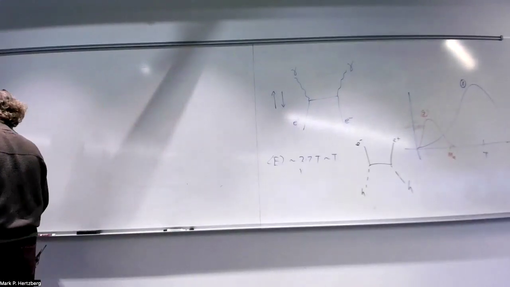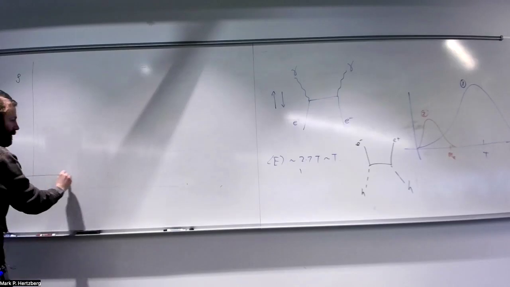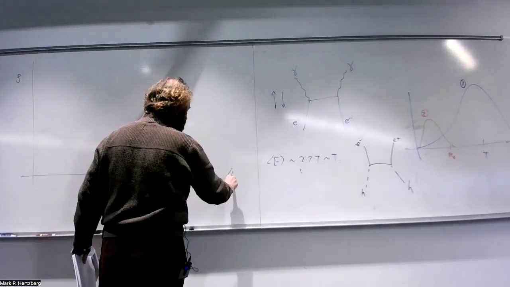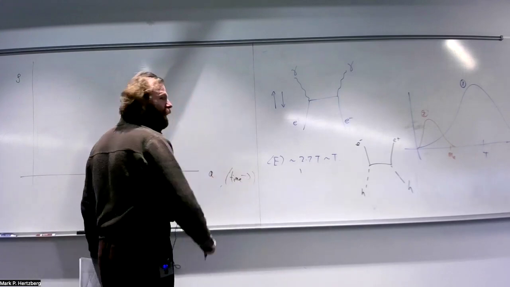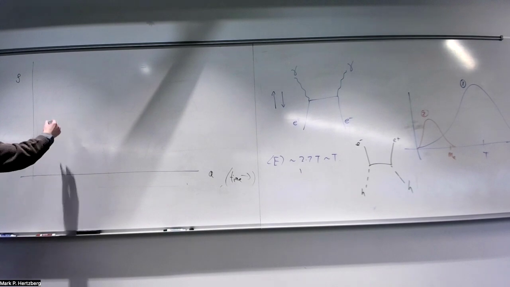Okay, so you recall early on in the course, we always were talking about rho for different types of materials versus, say, the scale factor, or kind of time going this way. And we acted like there was a clear separation between radiation, matter, and vacuum energy.